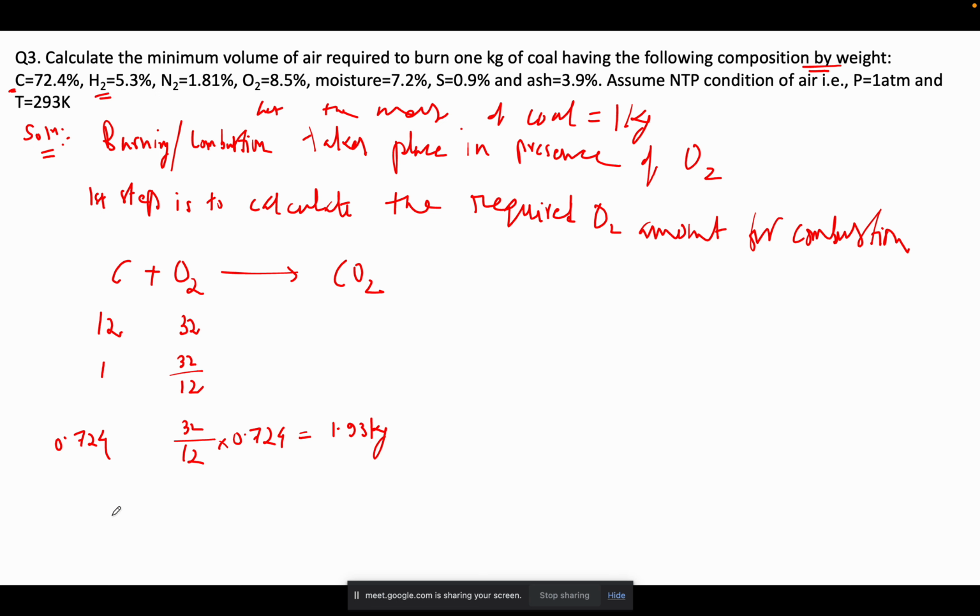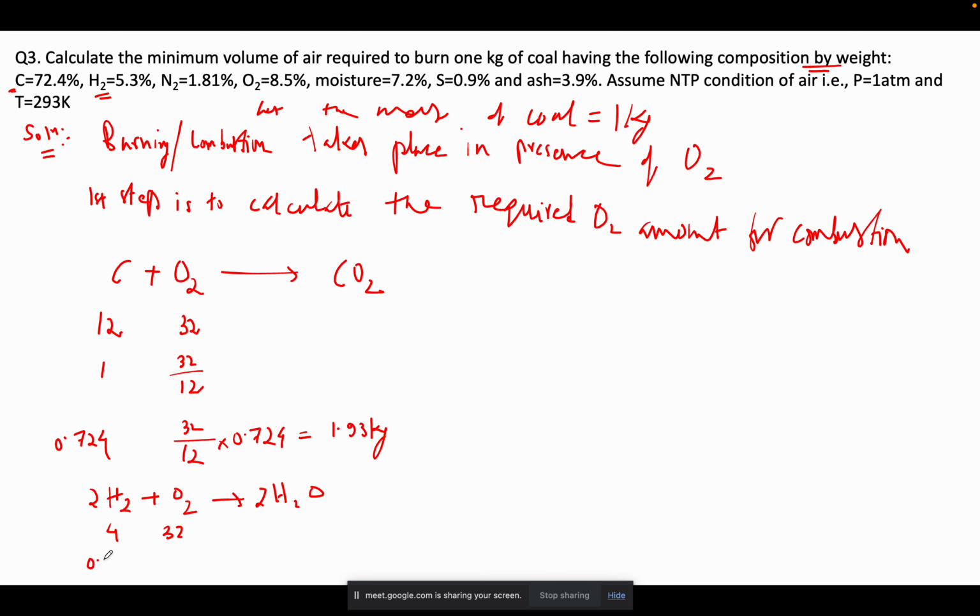Okay, similarly, hydrogen can undergo combustion. Yes, so it can form moisture, H2 plus O2 gives H2O. Now you can balance it, it doesn't matter, so this will be 2 and this will be 2, so 4 and 32. So therefore how much hydrogen is present here? 0.053, isn't it?